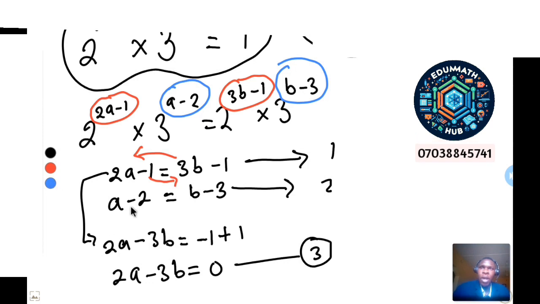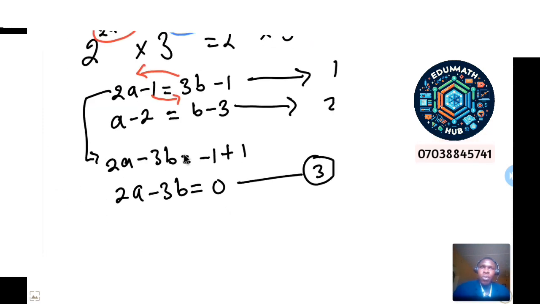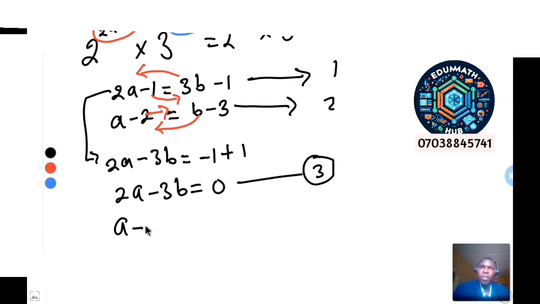Then let's arrange the second one too. This a is already here, so we are bringing this b to this side and taking this 2 to the other side. So a is already here, you're bringing this b, that will give you a minus b is equal to minus 3 is already here, so you have minus 3.